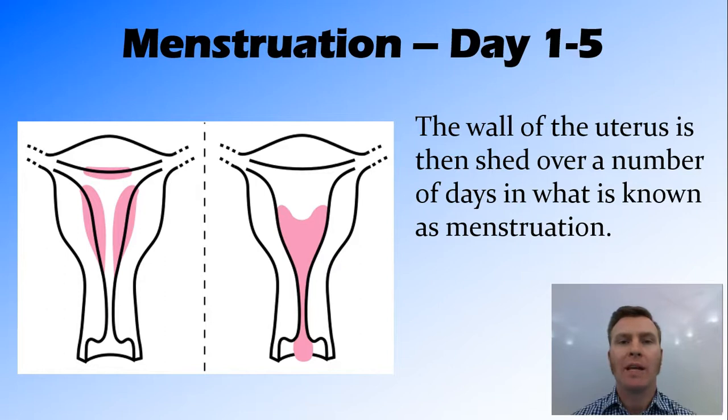At this point, we get into the menstruation of the next cycle, or this cycle, but because of where we start the cycle, it actually goes into the next 28-day period. The wall of the uterus, which has been thickening throughout this period, is no longer needed because that implantation has not occurred, and is shed and expelled from the body in what is known as menstruation.